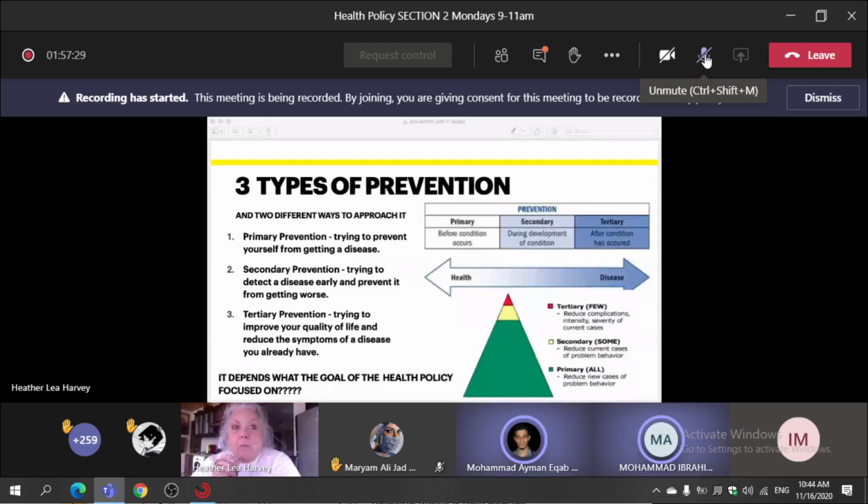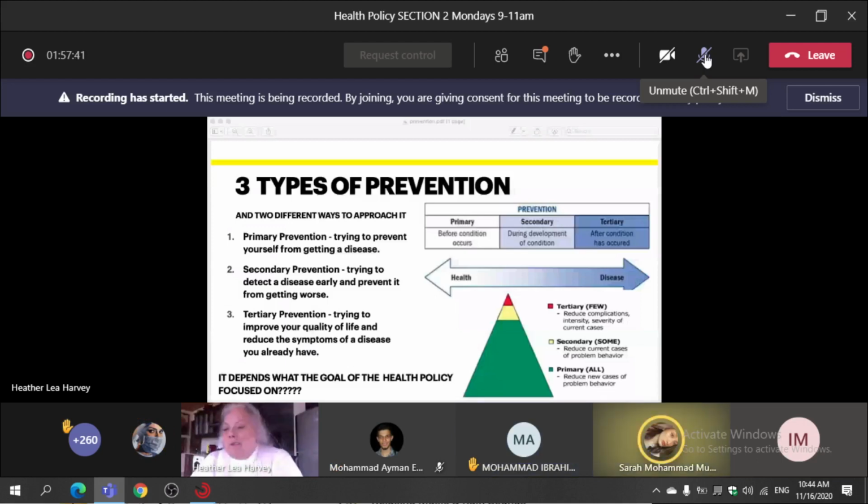What about wearing masks? Increasing physical activity. Exactly. Fluoridation of drinking water. When we talk about reducing cardiovascular risk, when we talk about reducing diabetes, reducing your intake of sugar and white foods. So all of those are types of primary.